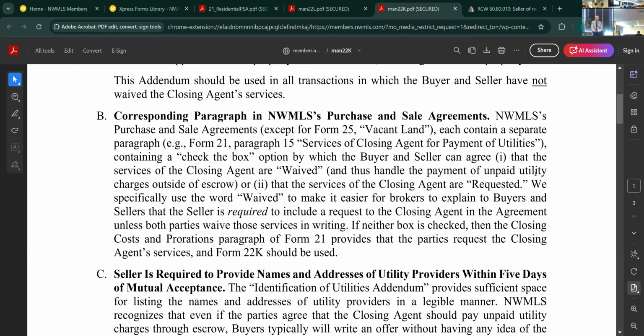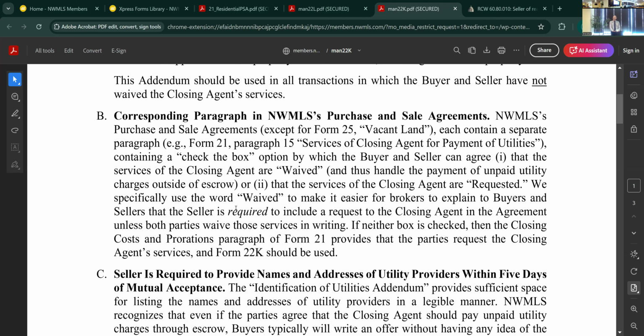Okay, corresponding paragraph in Northwest MLS purchase and sale agreement. Northwest MLS purchase and sale agreements, except for Form 25 vacant land, obviously, each contain a separate paragraph. Form 21, paragraph 15, services of closing agent for payment of utilities, contains a checkbox option by which the buyer and seller can agree: one, that the services of the closing agent are waived, and thus the payment of unpaid utility charges is handled outside of escrow, or two, that the services of the closing agent are requested.